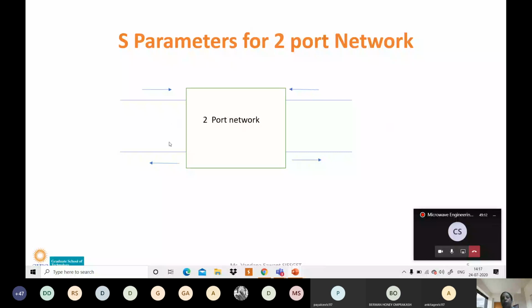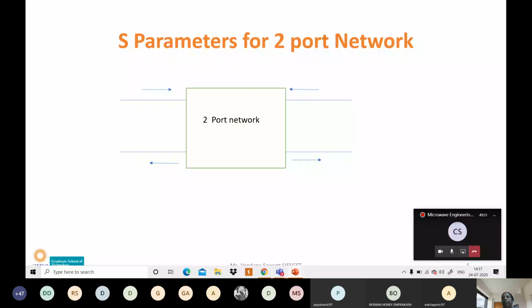Then as per our condition, in the microwave, when we are inputting the signal at any point, it is not possible for that point to accept all the inputted signal.